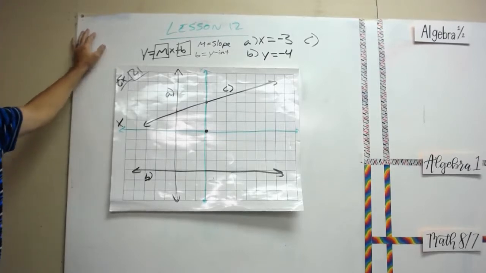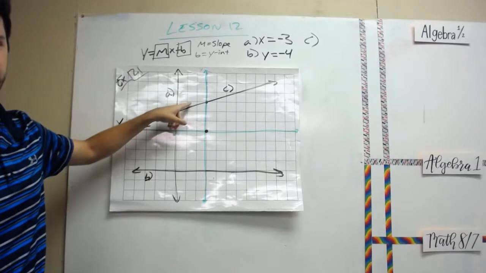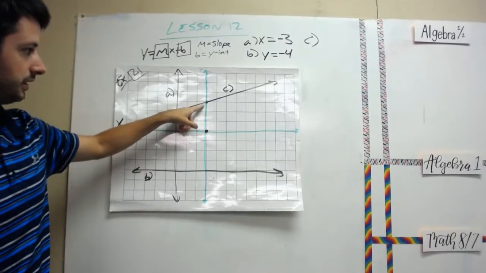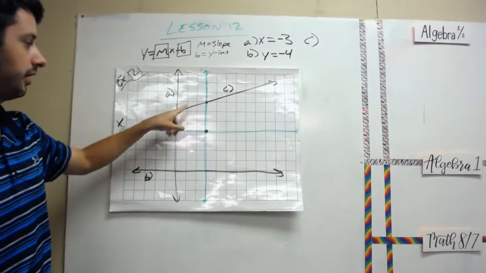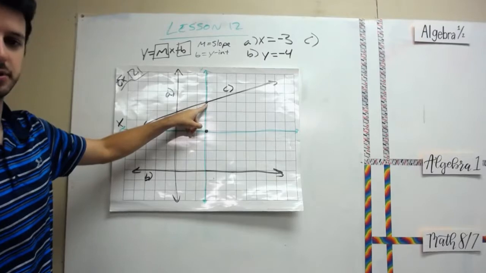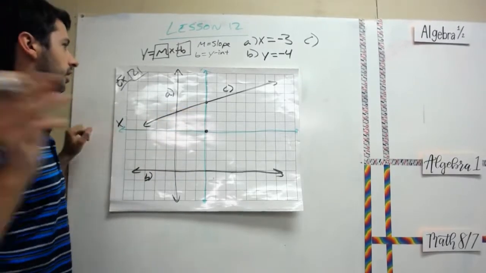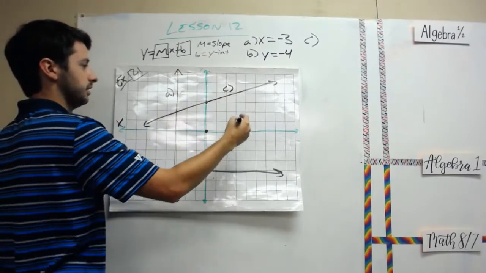So let's see if we can figure out the y-intercept just looking at the graph. Well, in this line, we actually do see that it crosses the y-axis at 3. 1, 2, 3. So therefore our b equals 3.